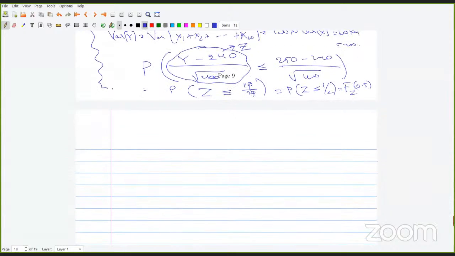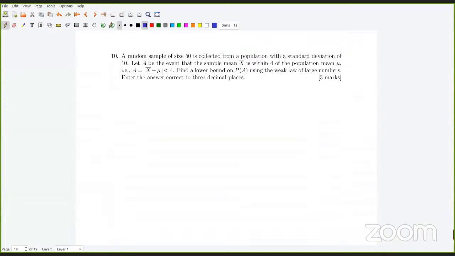Okay. So this is the final question we have. There is a random sample of size 50 collected from a population with a standard deviation of 10. So we have given you the population standard deviation to be equal to 10. Let A be the event that the sample mean x bar is within 4 of the population mean mu.